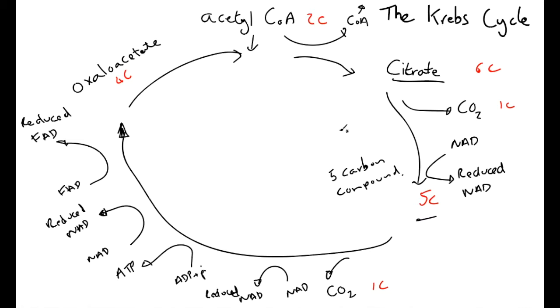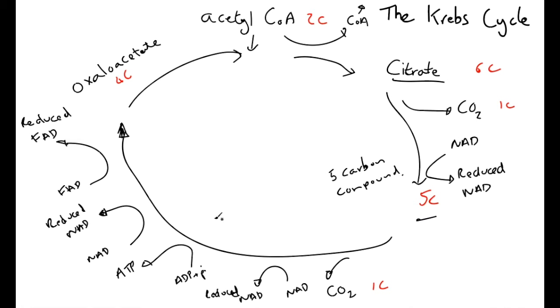In some pictures, you will see all this the same here. But rather than reduced NAD being written twice separately, sometimes you'll see 1 CO2, 2 reduced NAD, 1 ATP, and 1 FAD. And if you see that, that's basically what it means.